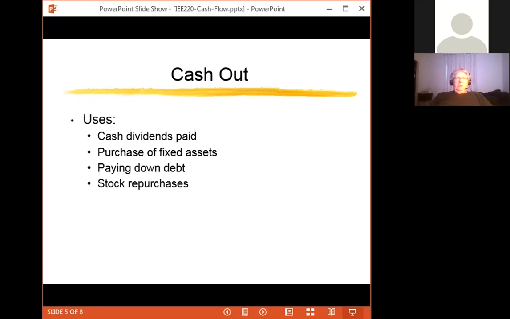So stock repurchases have a similar effect to paying dividends in that it's increasing the value of an investor's investment, but it's a different approach to it.